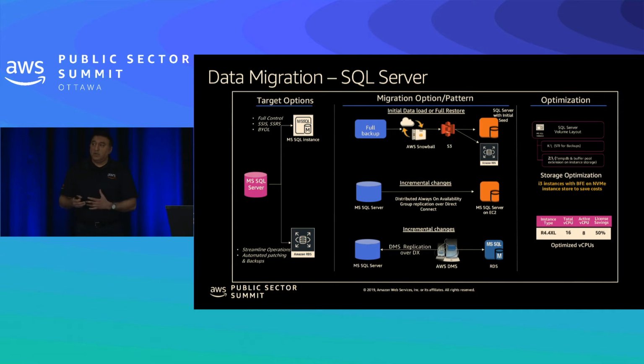What we did was change this so you have the flexibility to pick a higher memory instance, but only activate the vCPUs that you need. You know that SQL Server will license you based on the vCPU. So with just that small feature, you cut down your SQL licensing cost by 50%. It's a great option there.